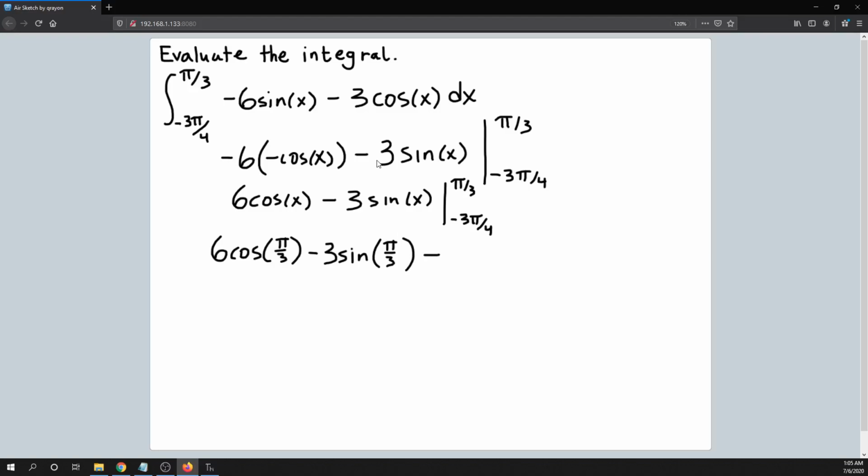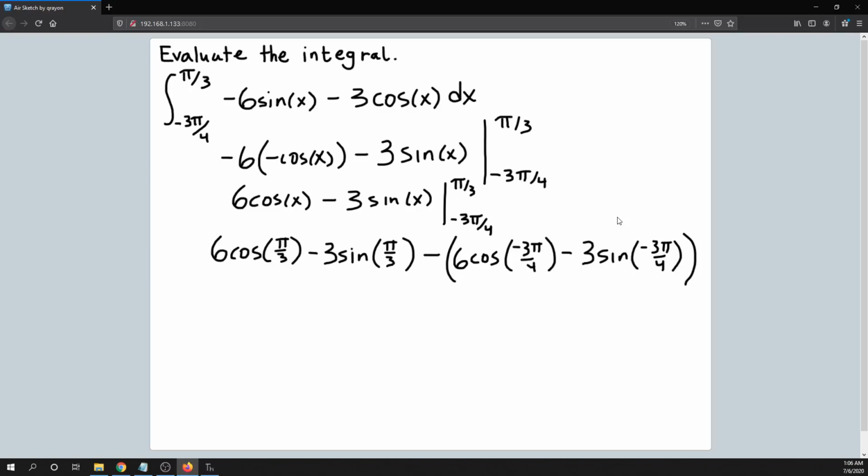All right, and then I'm going to subtract off what I get when I plug in the minus 3 pi over 4. So that's going to be 6 cosine of minus 3 pi over 4 minus 3 sine of minus 3 pi over 4. All right, and then it's just a matter of simplifying all this out.